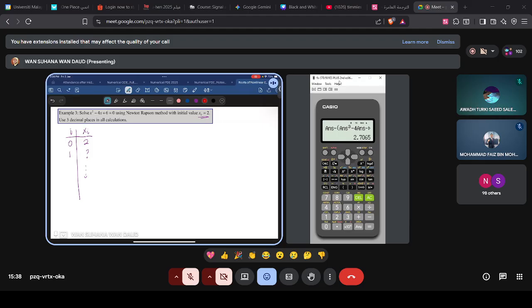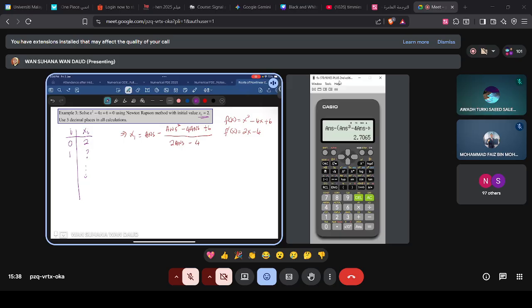So the starting value x1 will be ans minus ans power of 2 minus 4 ans plus 6, divided by the differentiation, which will be 2 ans minus 4, because f(x) is equal to x squared minus 4x plus 6, then f prime x will be 2x minus 4.